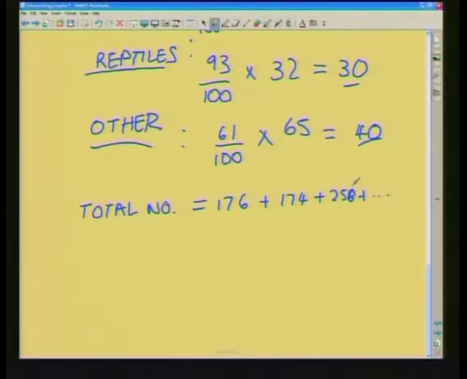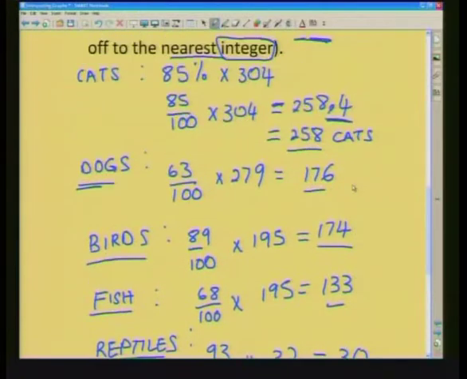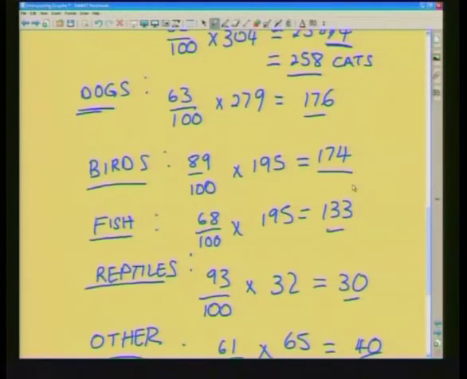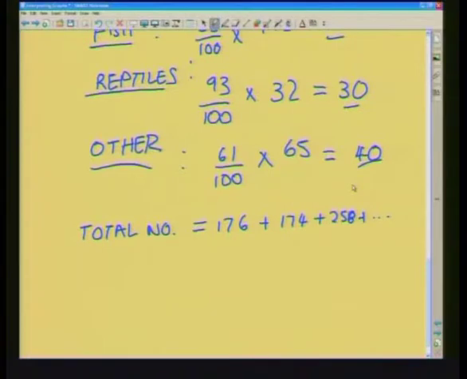So we're basically just going through these, adding 258, 176, 174, 133, 30, 40, and all of those numbers, and then we're going to divide that by the total number of pets, which is 1070, and times that by 100. So in other words, I'm just finding a percentage.